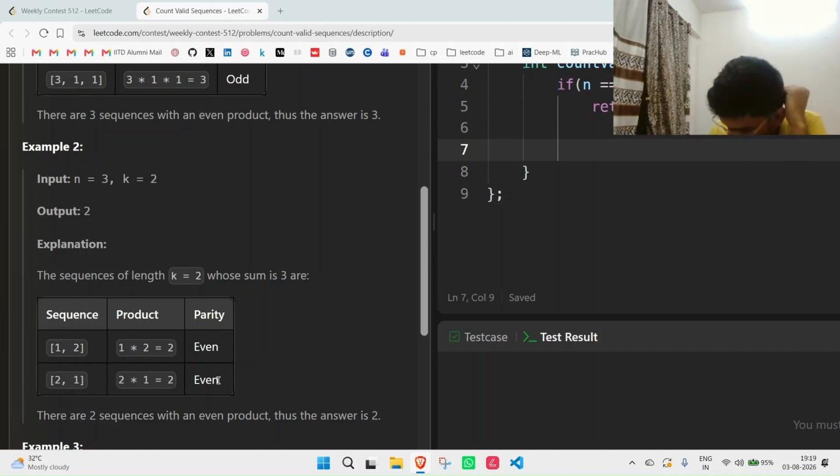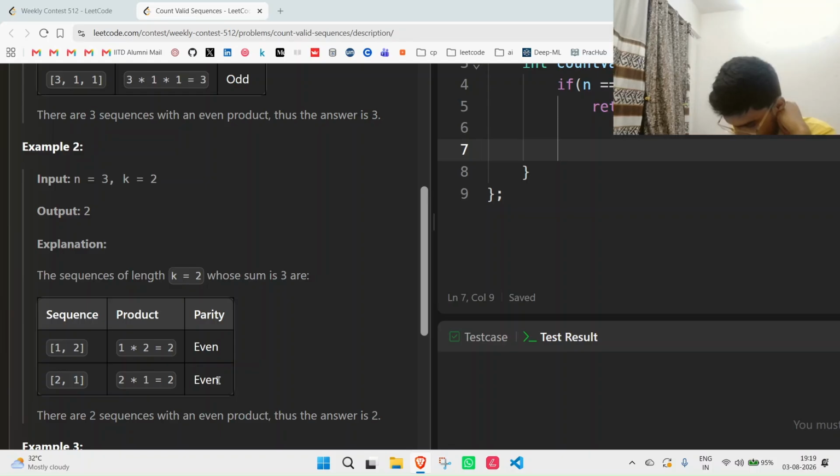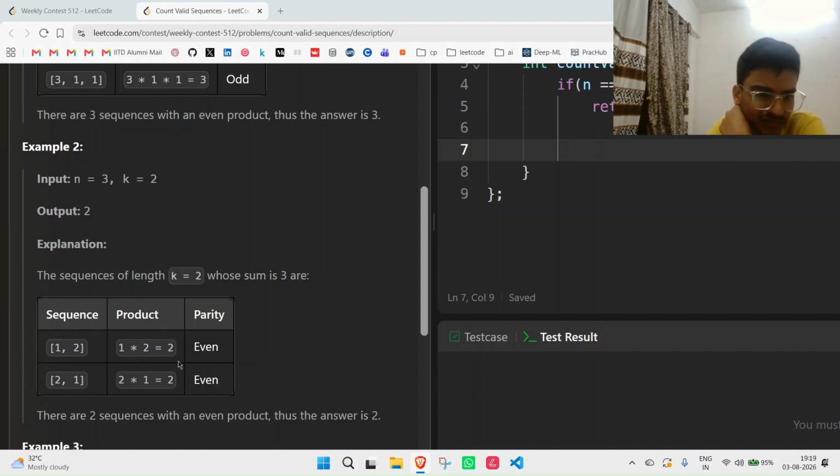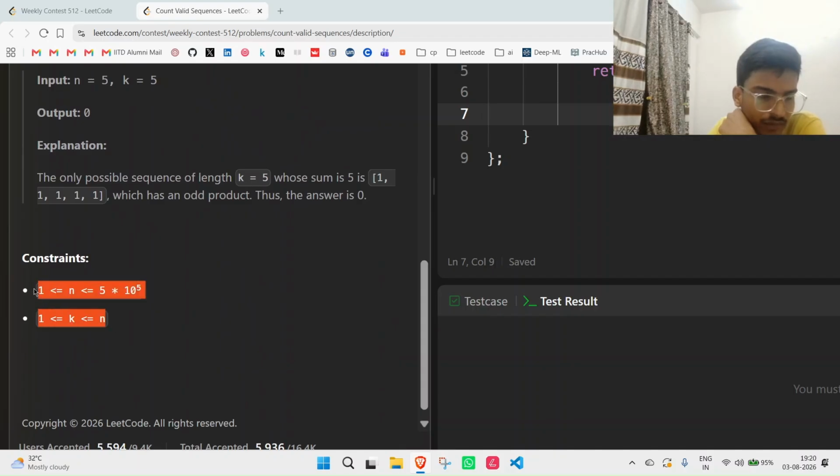The length of the sequence k can also be 10 power 5, right?